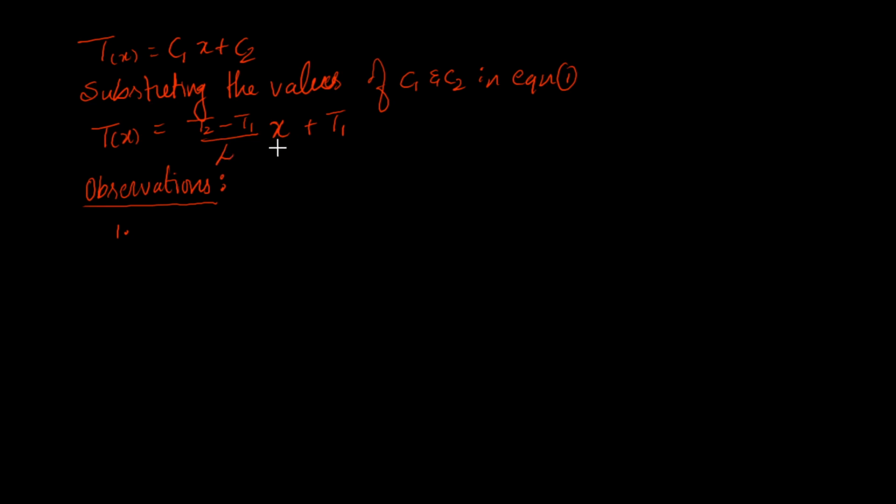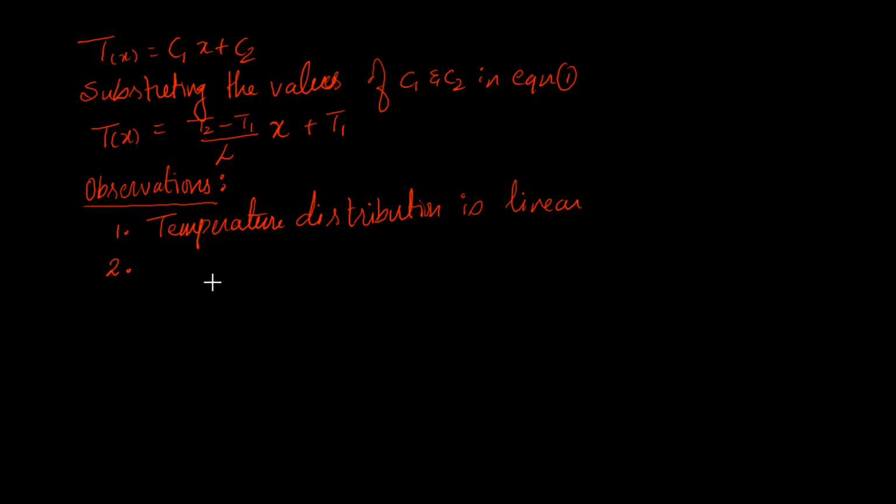So the only variable is x and the power of x is 1. So we can see that the temperature distribution is linear within the slab. So for one-dimensional steady-state conduction in Cartesian coordinate, the temperature varies linearly within the slab.